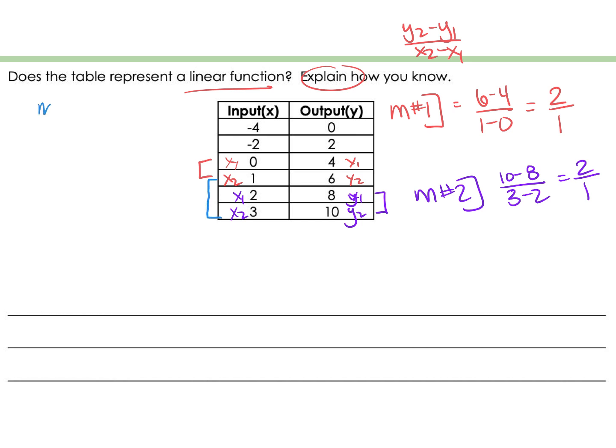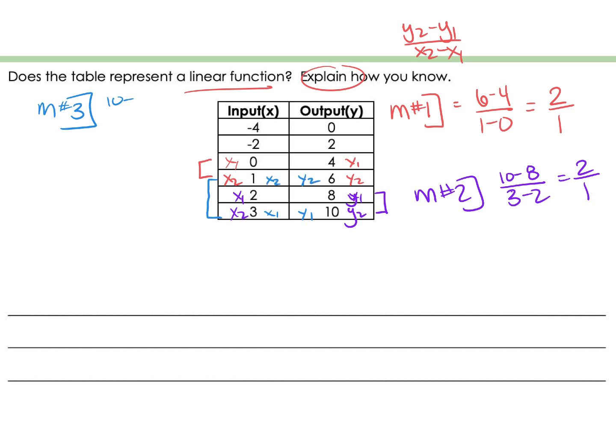Okay, so for my slope number 3, I'm going to have 10 minus 8. And no, I'm not. I'm going to have 10 minus 6. Sorry. See? That's why you got to label it, you guys. Let me label it. This is going to be x1, y1, and then this up here will be x2, y2.